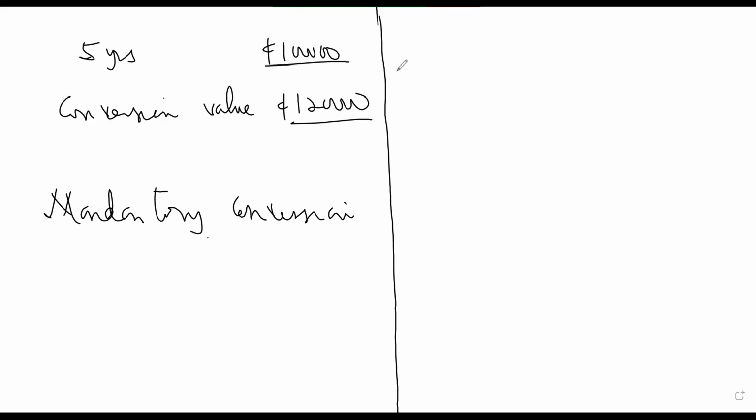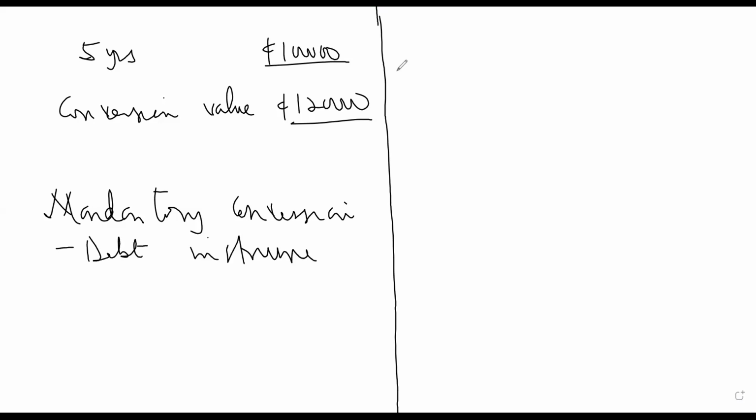You have to ask yourself, does the entity have the obligation to pay the interest up to the date of the conversion? Does the entity have the right or the obligation to pay the interest up to the day of conversion? If the entity has the obligation to pay the interest up to the date of conversion, then this will be accounted for as a debt instrument.